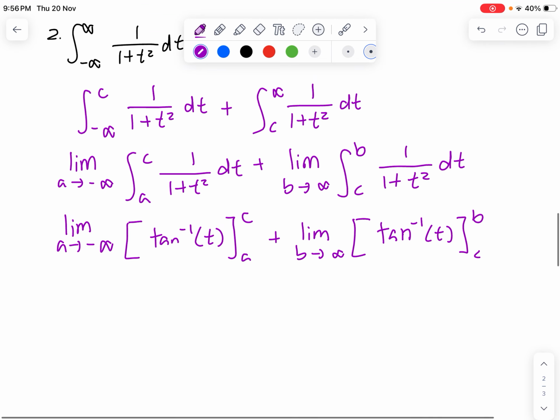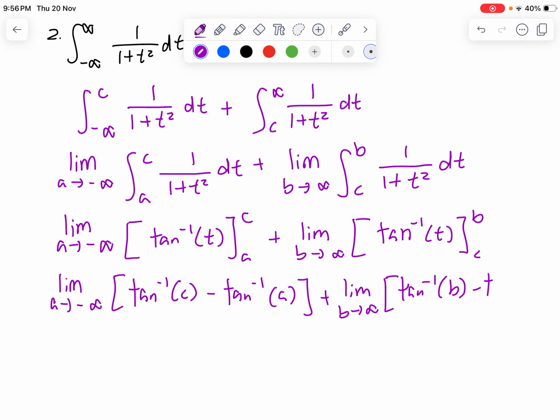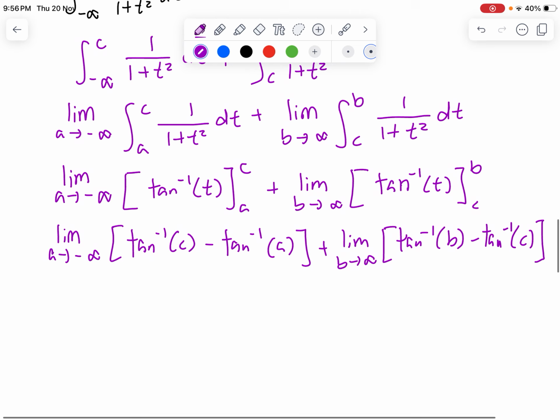Now all we have to do is plug in the bounds. I get tan inverse of c minus tan inverse of a, plus the limit as b approaches infinity of tan inverse of b minus tan inverse of c. c is any number, so for now I'll just leave it like that.